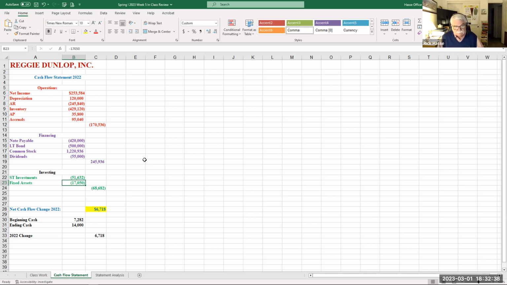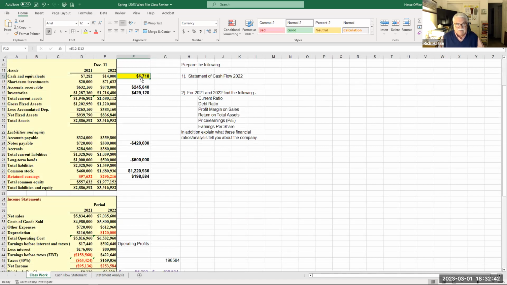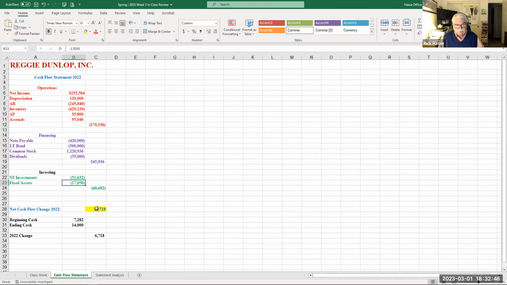So, as we said, the balance sheet changed cash value by $6,718. The statement of cash flow shows us where that money comes from, and it shows us in three distinctive groups: the cash flow from operations, the cash flow from financing, and the cash flow from investing.